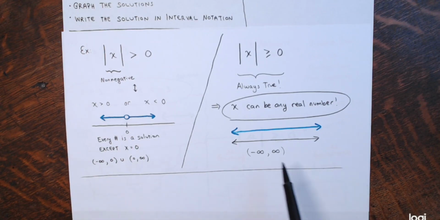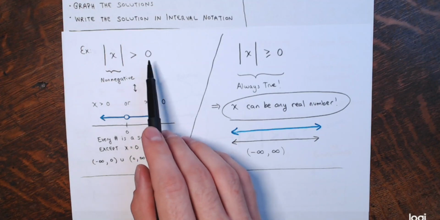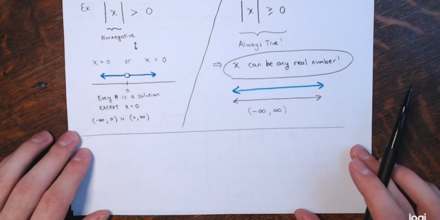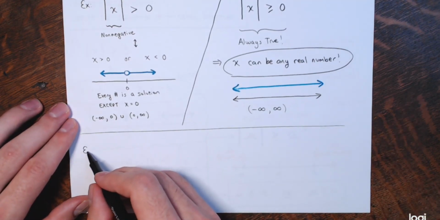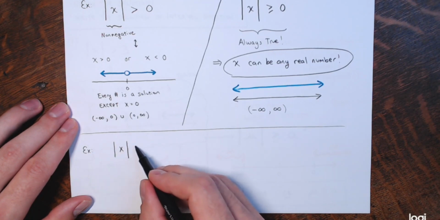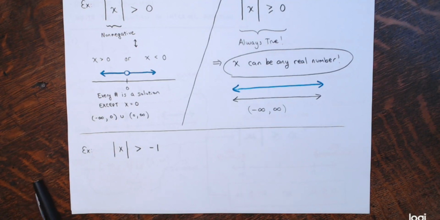Okay, so now those are the cases when the number on the other side is 0, right, not positive. What if the other side has a negative number? How about the absolute value of something is greater than, I don't know, -1? Now this one's even easier.